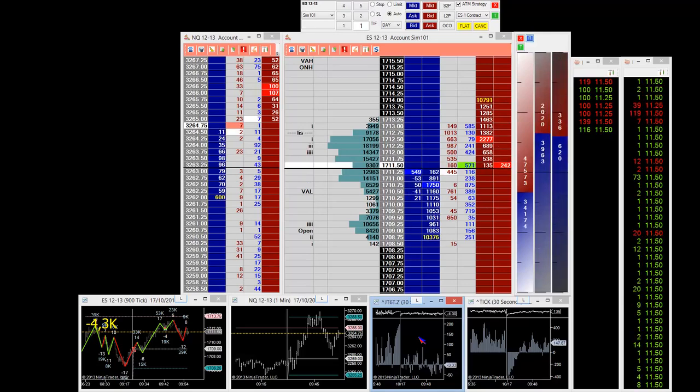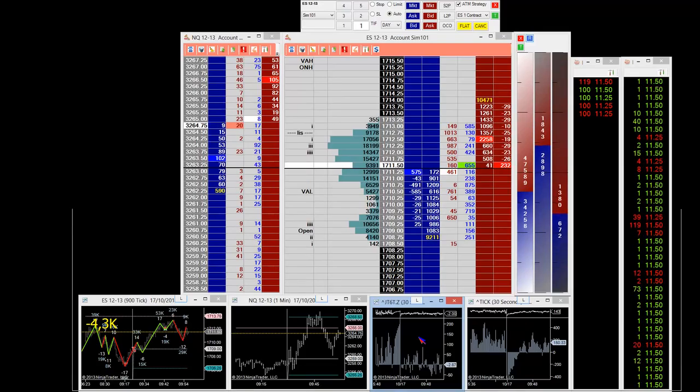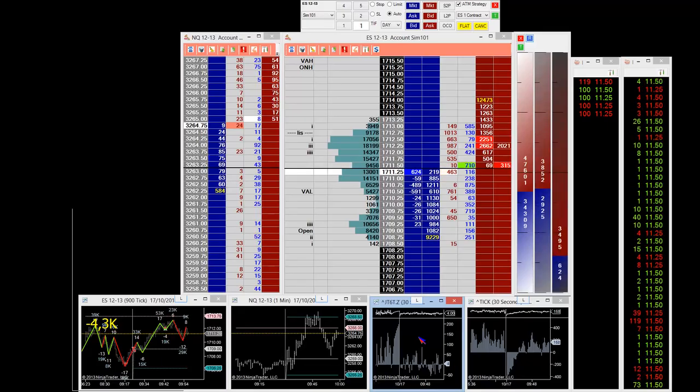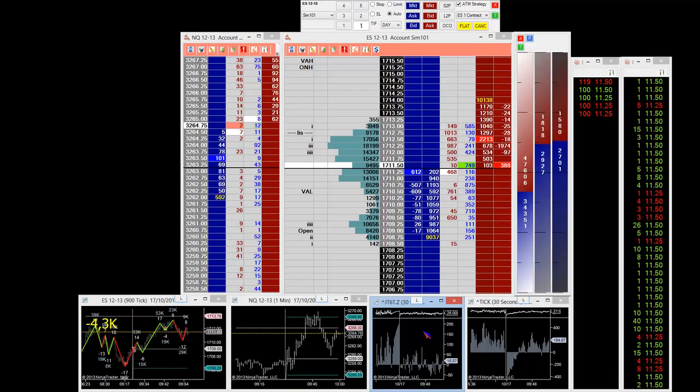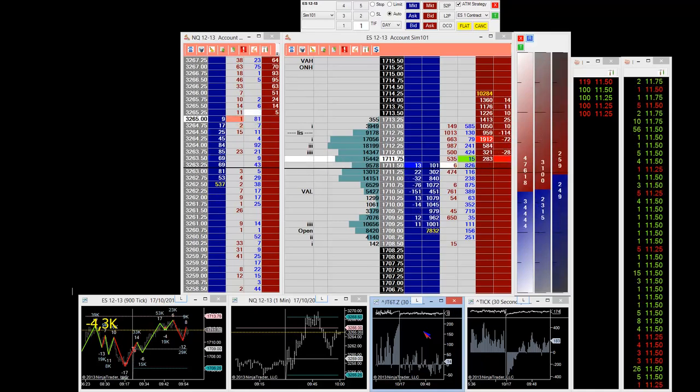My observation is that the NYSE tick is better at measuring the overall direction because it takes time to turn around, and the market tends to turn around with it. With the S&P 500 tick on the left, it's a lot more volatile, and it tends to turn up and down with every minor move. So I actually don't use the S&P 500 tick, but I'm just keeping it up there for the sake of this webinar. And the last thing we're going to look at is on the ES chart.